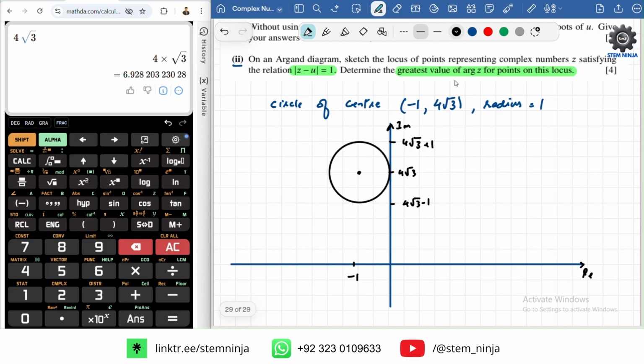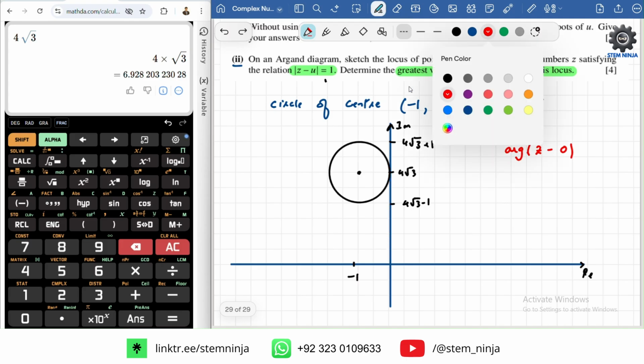Now, determine the greatest value. So modulus equals 1, that means this is the circle. Greatest value of argument z for points on this locus. So remember what argument z means, argument of z minus 0, from the origin. If you draw a line from the origin, where will it touch the circle?